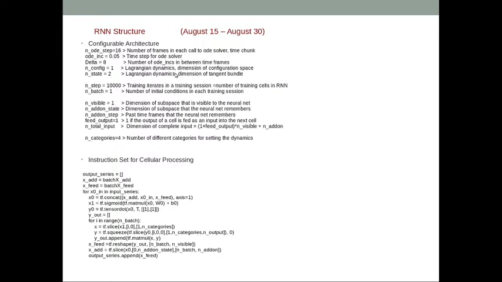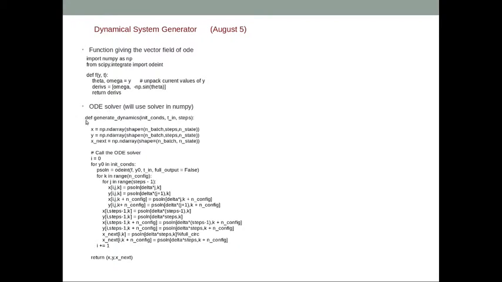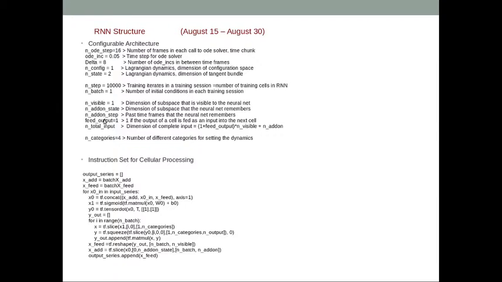If you look at the ODE step equals 16, the first parameter there, that gives the number of frames in each call to the ODE solver, or the time chunk. If you remember, we have this function from the previous slide, generate_dynamics, and it goes ahead and solves the dynamics over one time chunk, and that time chunk is given by this ODE step.